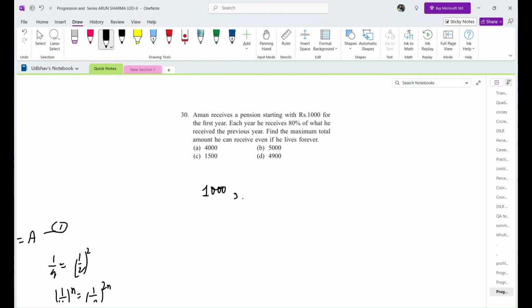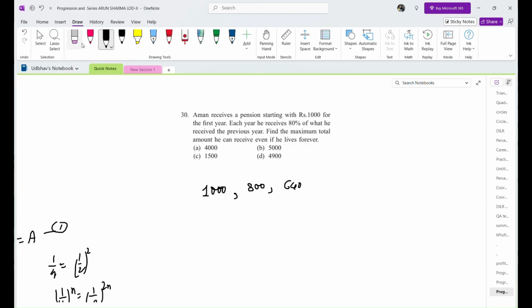Next year his pension will be 80% of this, 800. Next year again his pension will be less, 80% of this, that will just be equal to 800 into 0.8, 640 rupees.